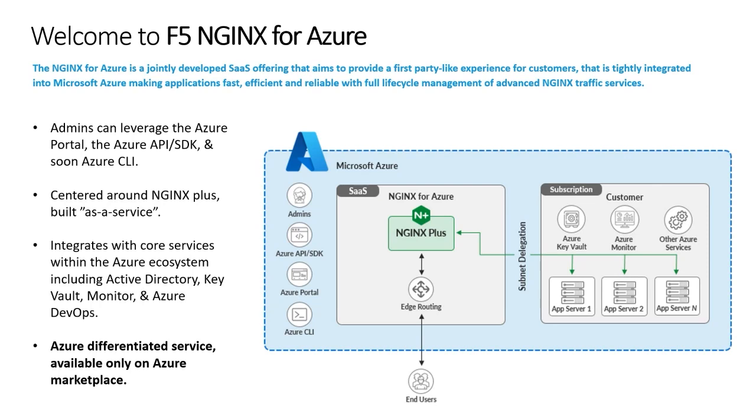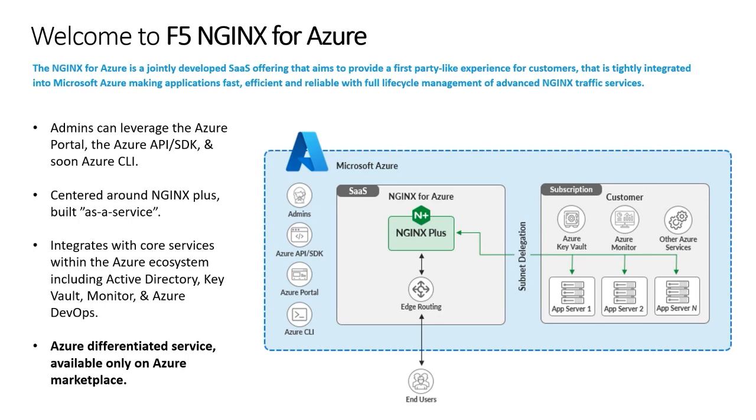But if you want to build a global resilient service on top of this, you can deploy the NGINX for Azure solution in multiple regions, and then put a Traffic Manager or Azure load balancer on top of it to make it resilient to regional failures.